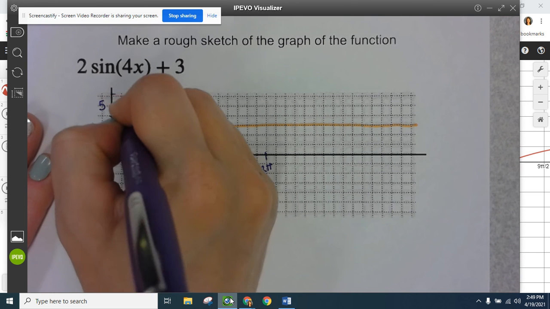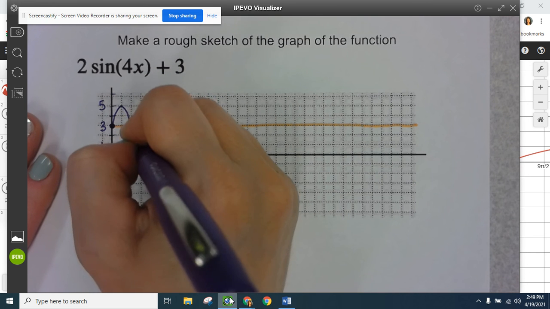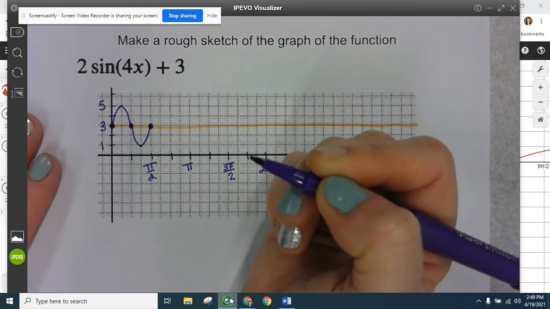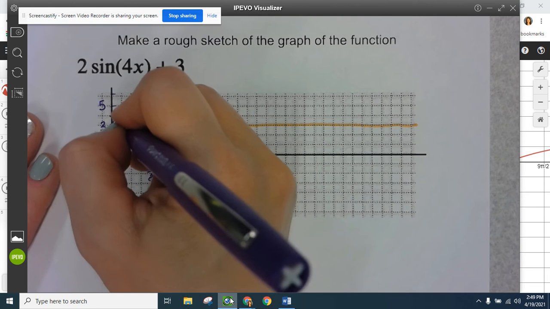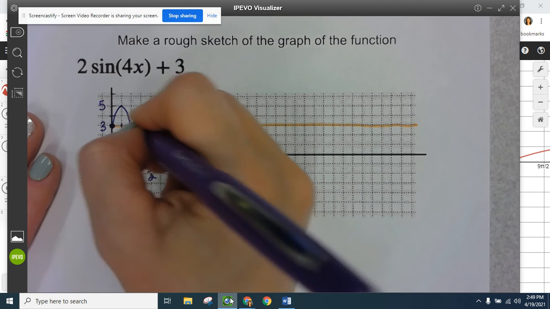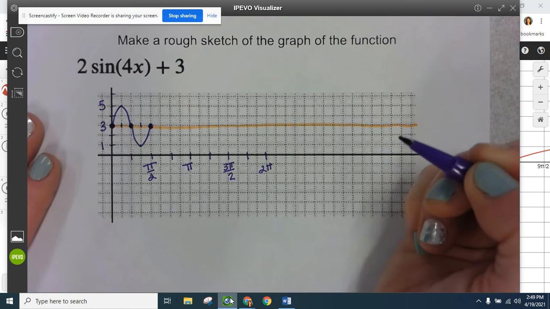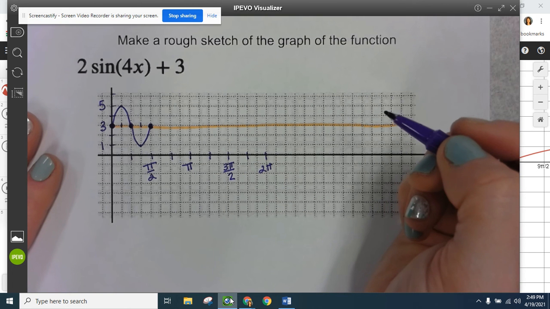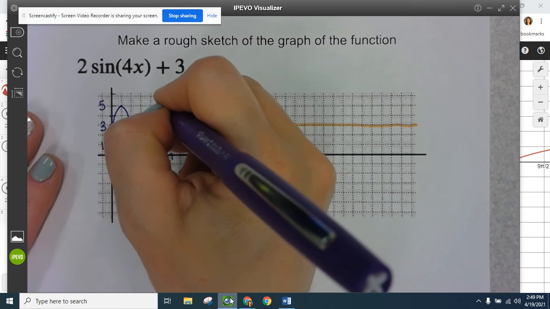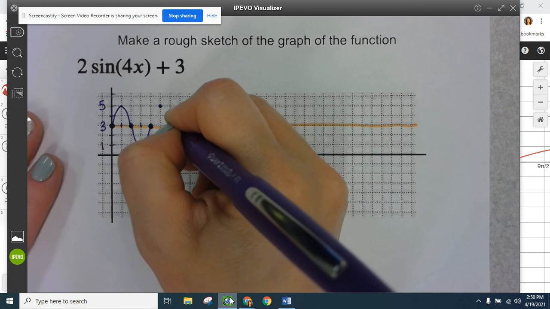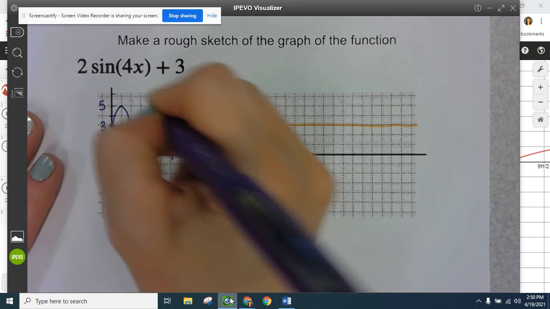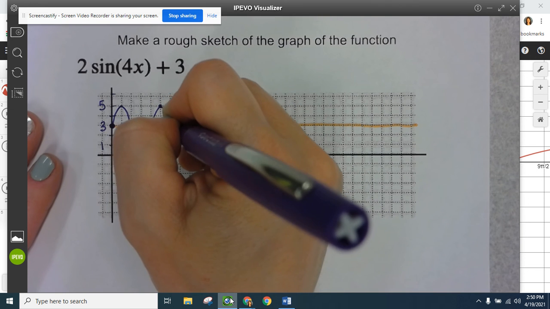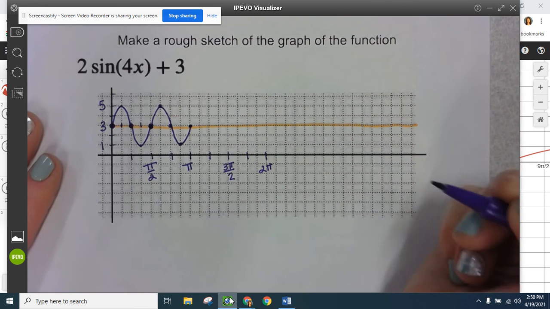So this graph is going to be super skinny. And I could continue to repeat that. So you'll notice every tick mark along my graph, I'm at another key point. So I would go maximum, midline, minimum, midline, and that would be another curve.